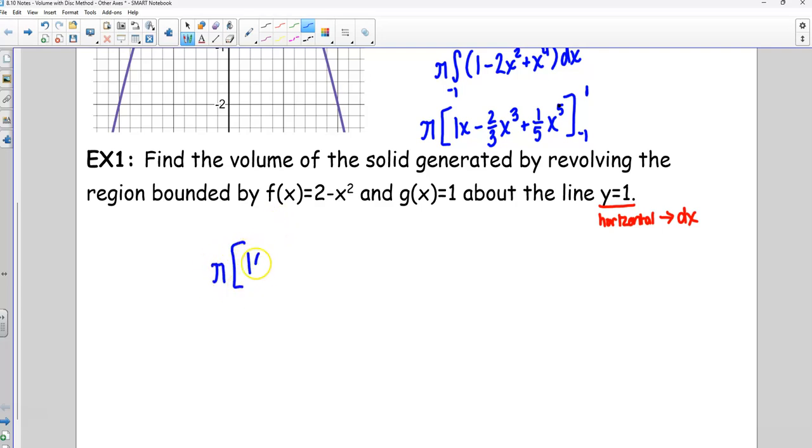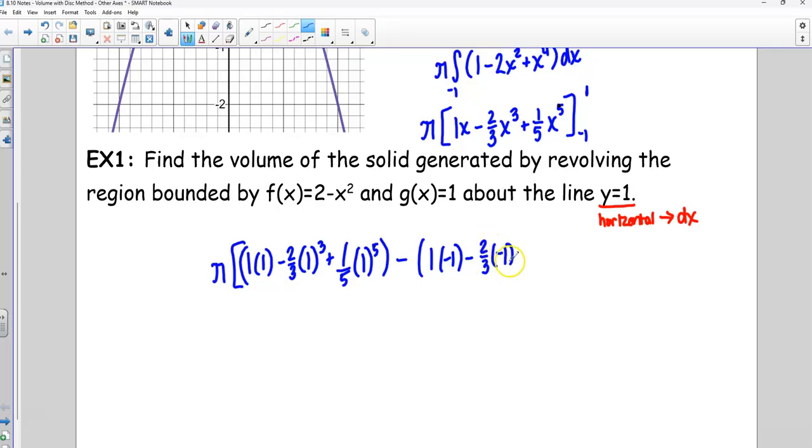We've got 1 times 1 minus 2/3 times 1 cubed plus 1/5 times 1 to the 5th, minus 1 times -1 minus 2/3 times -1 to the 3rd plus 1/5 times -1 to the 5th.